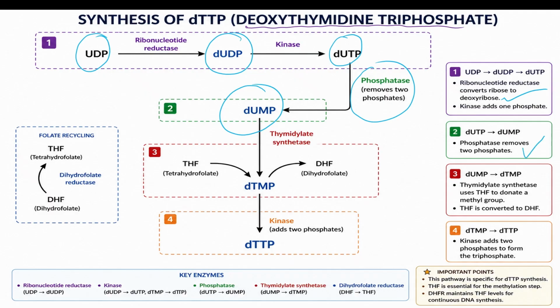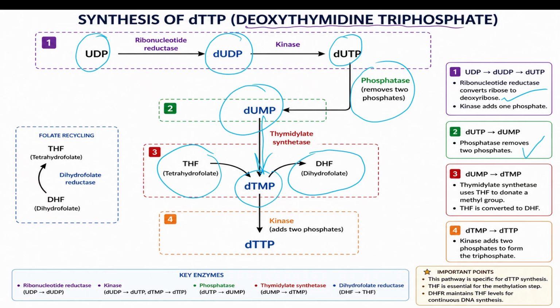In the third step, there is conversion of dUMP to dTMP. Here, a methyl group is added by tetrahydrofolate to dUMP so that it becomes dTMP, and after giving a methyl group, tetrahydrofolate is converted into dihydrofolate.